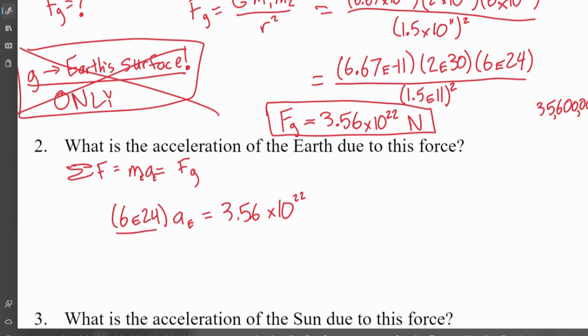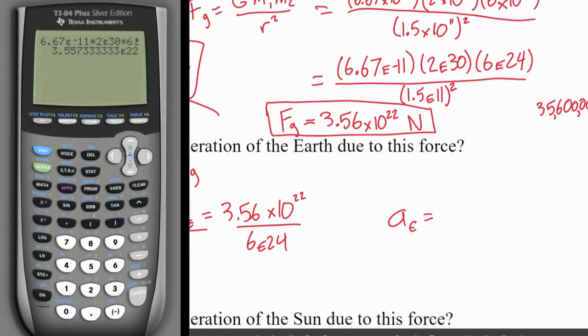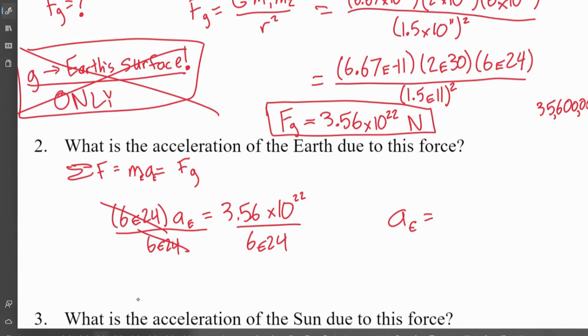Okay, so we'll just take both sides and divide by 6 E 24. Those cancel out. So this tells us that our acceleration of the Earth due to this force, let's see, 3.56 times 10 to the 22nd divided by 6 times 10 to the 24th gives us 0.00593.